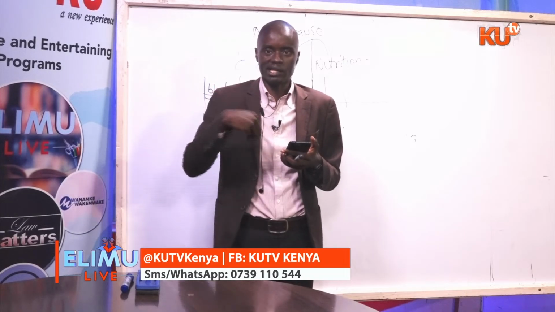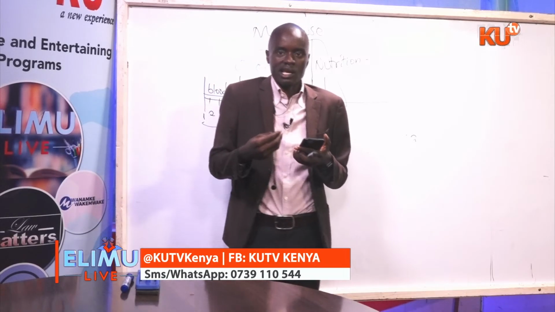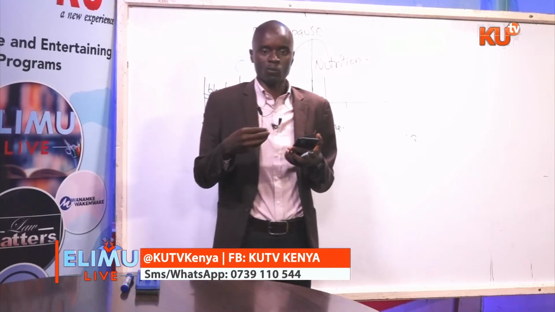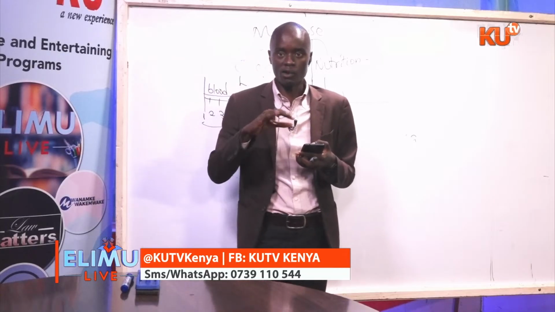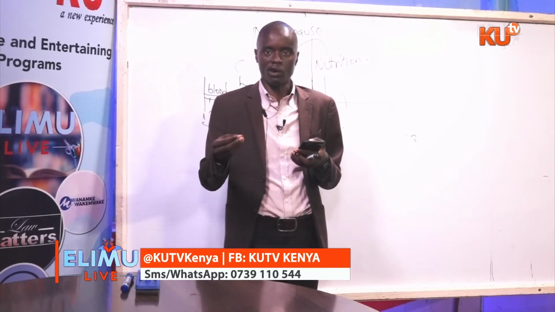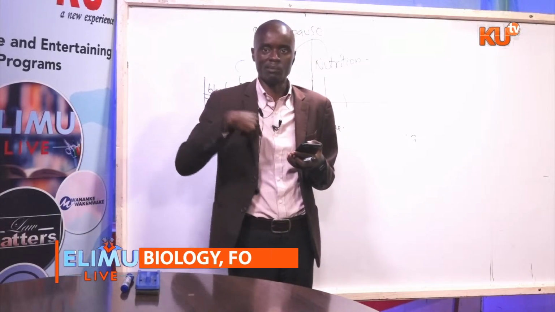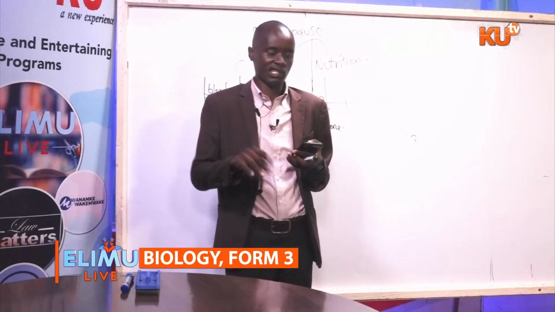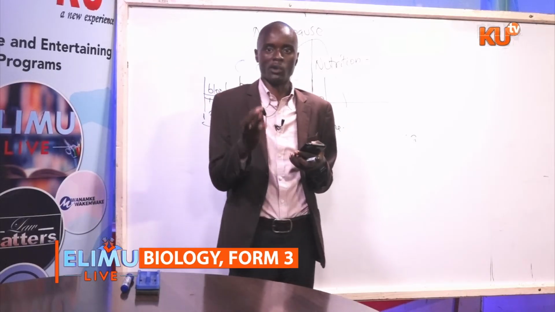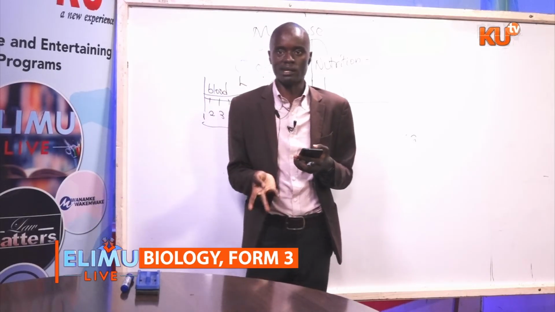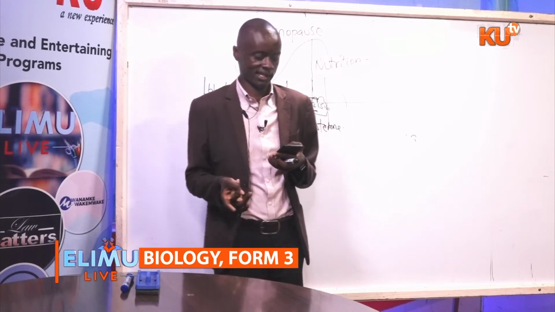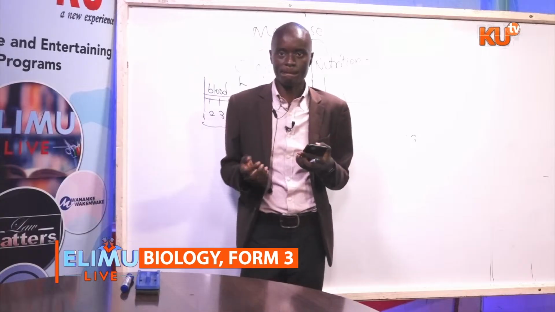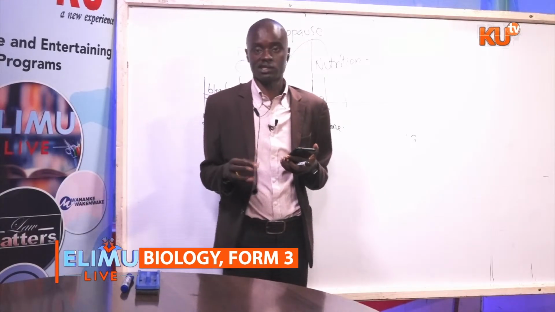When we get the nutrients, first of all, the food is digested, then broken down into a soluble form that can be absorbed into the body. Then once in the body, the various nutrients that we have, that is the proteins, the carbohydrates, and the vitamins, are going to perform the specific roles that they're supposed to be doing.